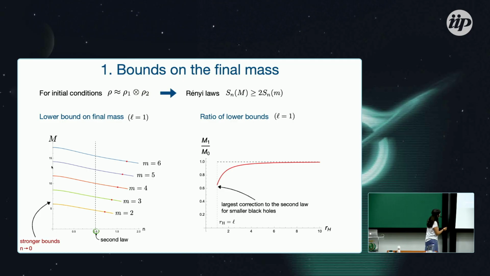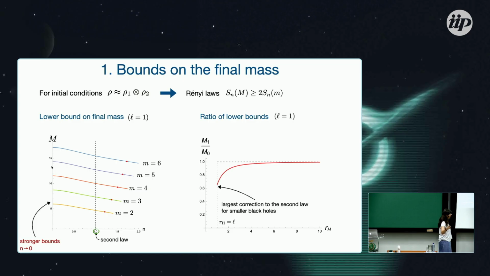Okay. So here, what I've plotted is the ratio of the two lower bounds that we obtained: the one from n equal 1 and the one from n going to 0. This is plotted as a function of the event horizon of the colliding black holes.